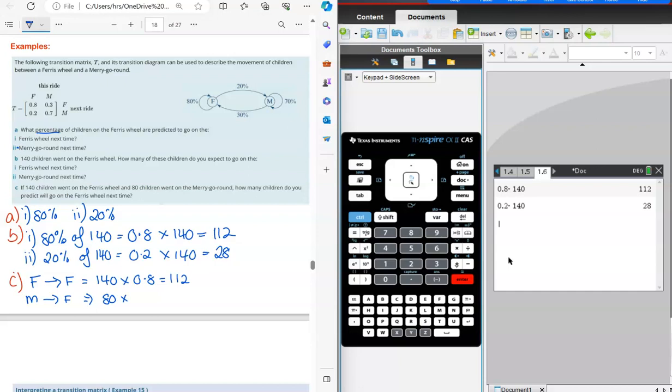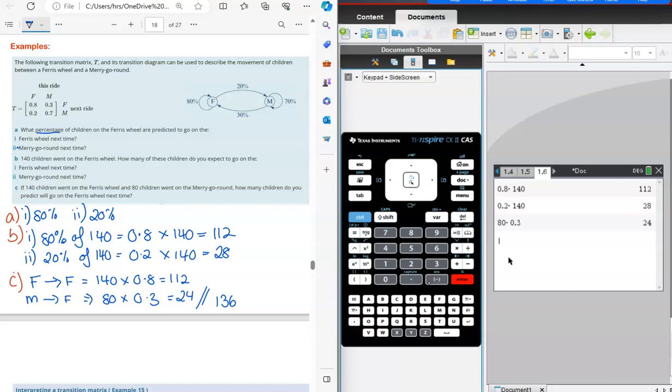M to F is 30%. So we'll times it by 0.3. So if we do 80 times 0.3, we get 24. So the total kids going to be at the Ferris wheel the next time will be those two added together. So that's 136.